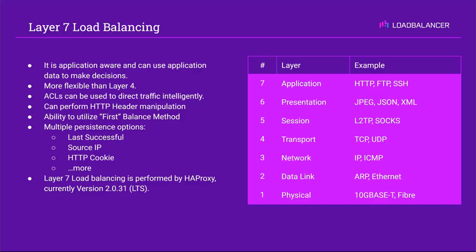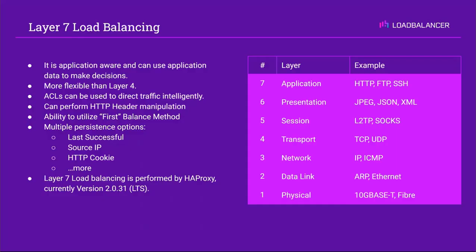This allows us to direct the traffic in a smart way using ACLs, which is why we segregate some of the services in the backends, and then based on those ACL rules, we send them to the correct backends. There is a possibility of inserting headers into the HTTP requests, on both requests as well as responses. We have more load balancing methods available at layer 7 as well.